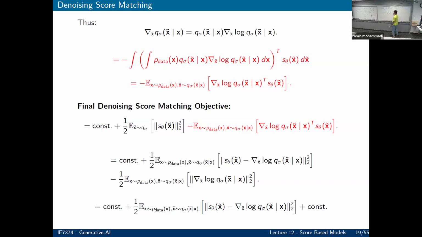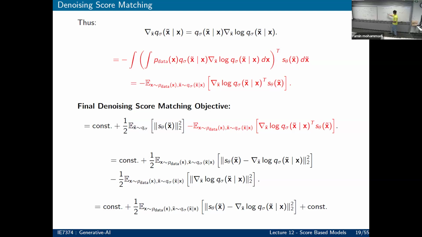Sorry, there's a 1/2 behind this. We get 1/2 s theta x to the power of 2 plus, and there's 1/2 behind this also, 1/2 gradient of x log q x to the power of 2, or norm 2, correct?